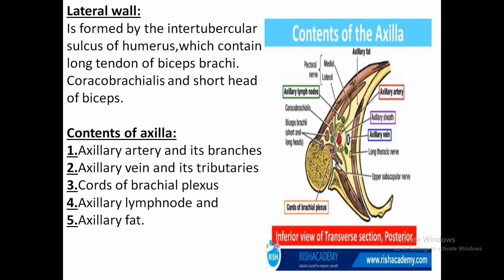Lateral wall: it is formed by the intertubercular sulcus of the humerus, which contains the long tendon of biceps brachii, coracobrachialis, and short head of biceps. Contents of the axilla: it contains the axillary artery and its branches, axillary vein and its tributaries, cords of the brachial plexus, axillary lymph nodes, and axillary fat.